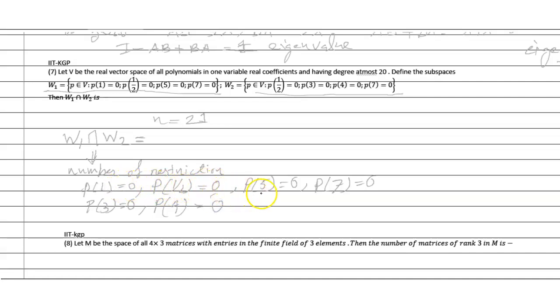So 1, 2, 3, 4, 5, 6. So the total is 6. So 21 minus 6 is equal to 15. So whatever I get, 15 is my answer.